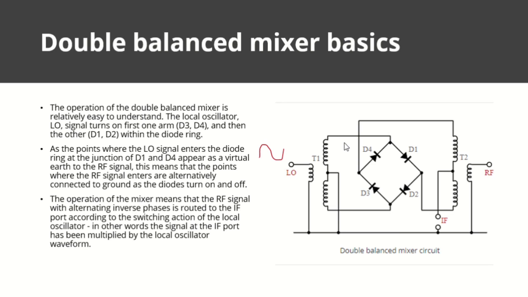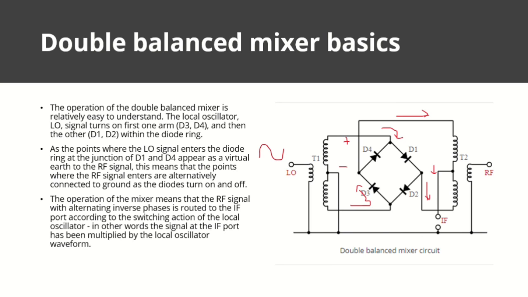So for example, here it produces current at the T1, so it will pass through here and enter D1 here, and give signal at the IF. And then if the polarity changes, it will pass over here instead, and through here and go to here to give another signal to the IF. Okay, so from here it will mix the RF and LO signals, and produce multiplication in the signal that comes out at the IF.